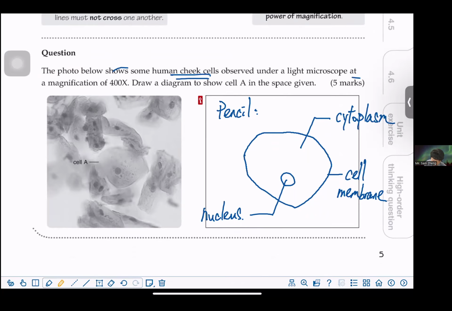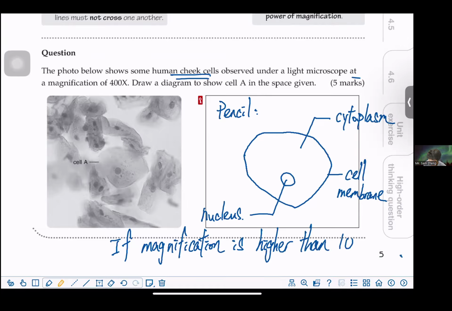If the magnification is higher than 100 times, then it would be a high powered labeled diagram.